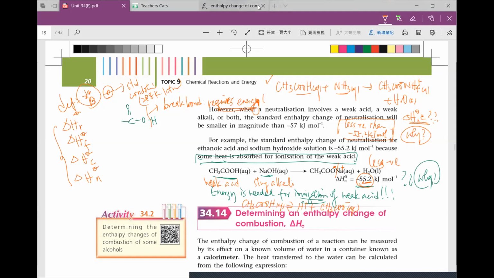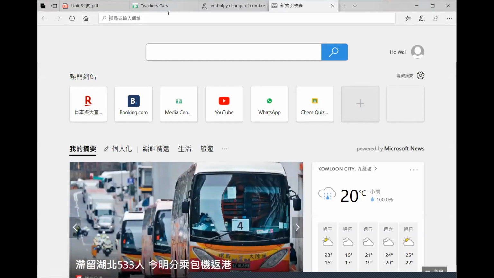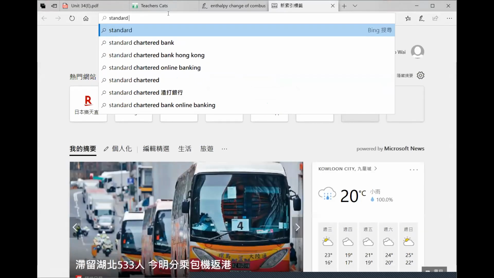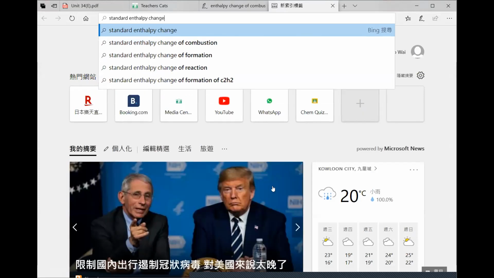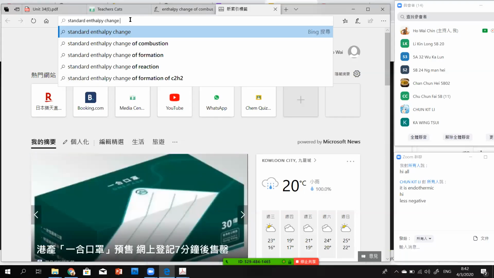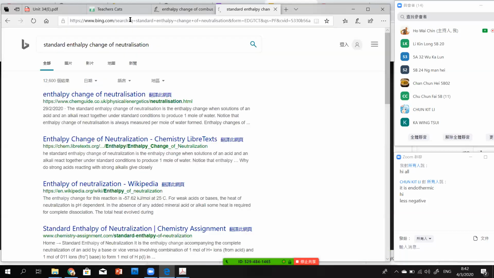I will show you on the web. Standard enthalpy change of neutralization. I will search it together with you. Neutralization. So what will we get?